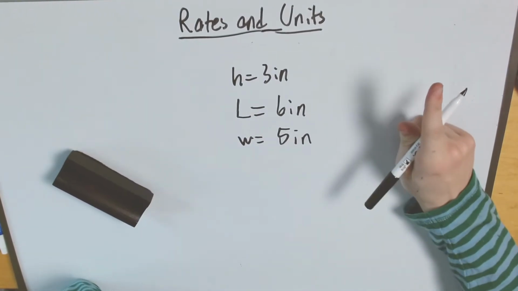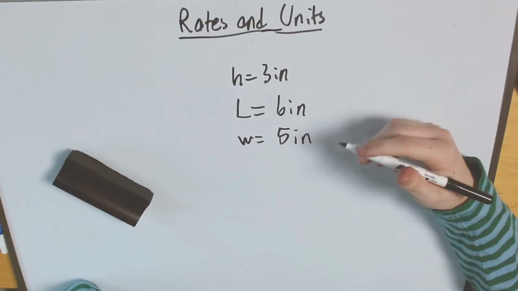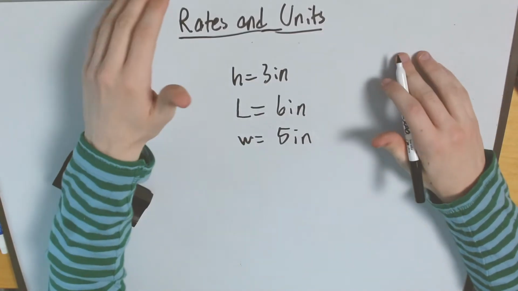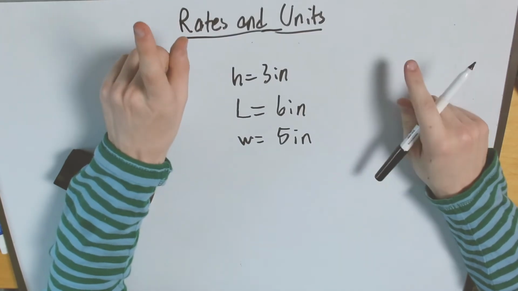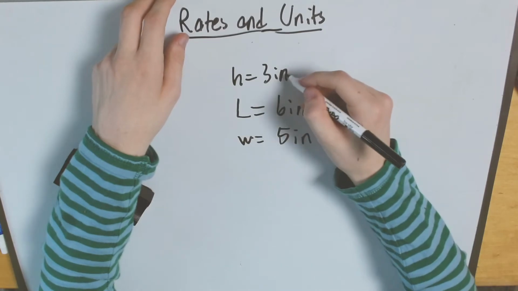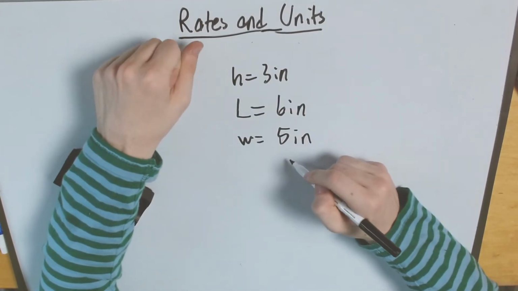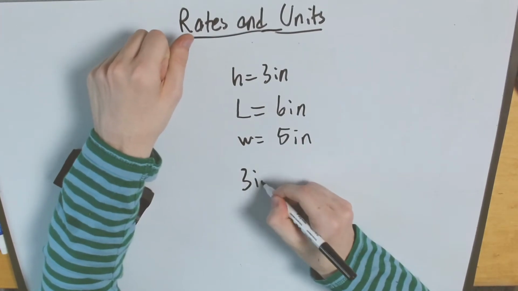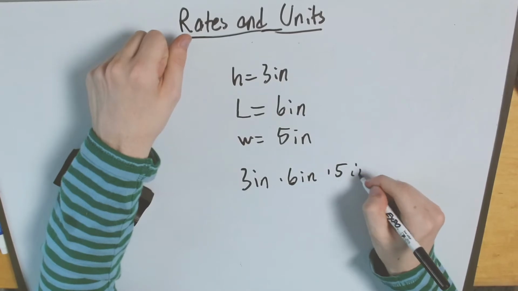But here's where the interesting thing is. The answer to what's the volume of a certain thing will not be in inches. It'll be in cubic inches, and I'll explain why. Imagine we're multiplying 3 times 6 times 5. We can also do 3 inches times 6 inches times 5 inches.